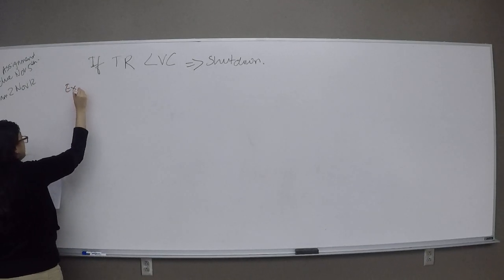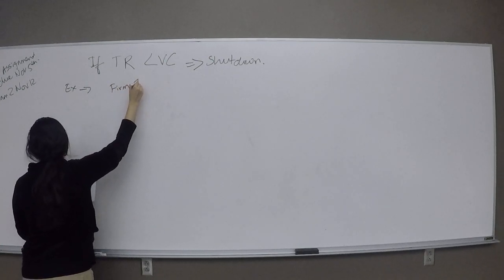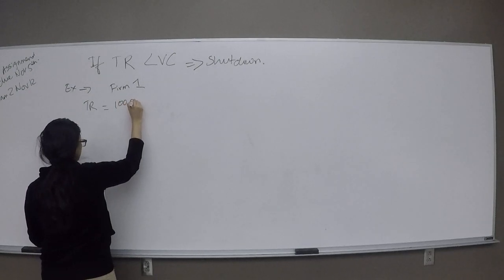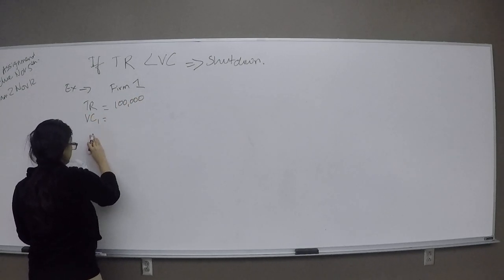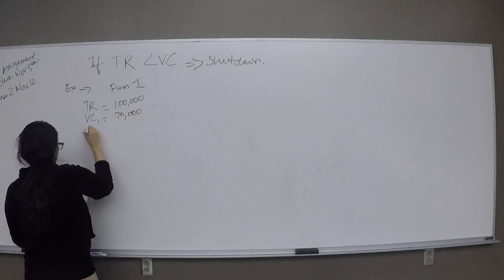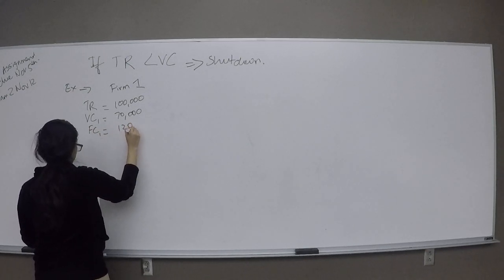So let's do an example where firm 1's total revenue is equal to 100,000. Their variable cost, so firm 1's variable cost is 70,000. Fixed cost of firm 1 is 120,000.